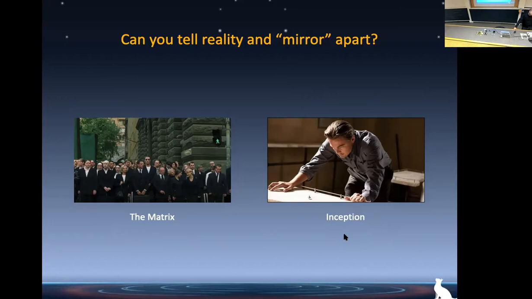Now, this is an old dilemma of philosophy. How does one tell reality apart from the dream? When we are dreaming, we actually think that it is reality. So how can he snap back to reality? Well, because he has an object, called the totem in the movie, which for him is a spinning top. Whenever he picks up the spinning top, because maybe he's a bit doubtful about his surroundings, he spins it.